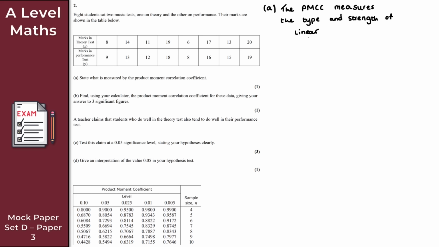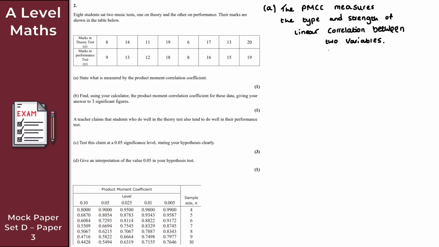And that is important here that we state that this is linear correlation between 2 variables. Between, oops, I can't spell. I was going to put between. There we go. English is hard. Between 2 variables. Okay. That's the first mark in the bag there.